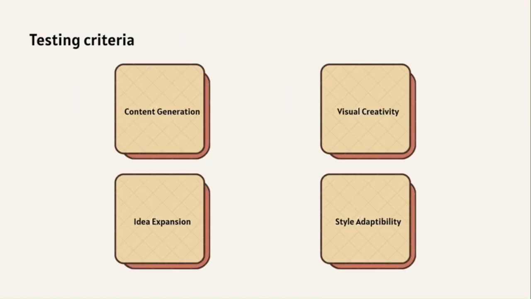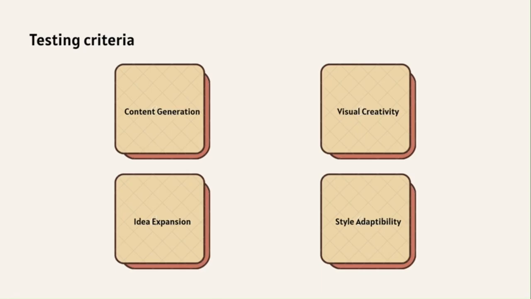Before moving to the actual testing, we need to define a testing criteria. There are four measurable aspects that are used to test the creative assistance of Google Gemini. The first is content generation, that is creating any sort of text content such as stories, poems, or reports.